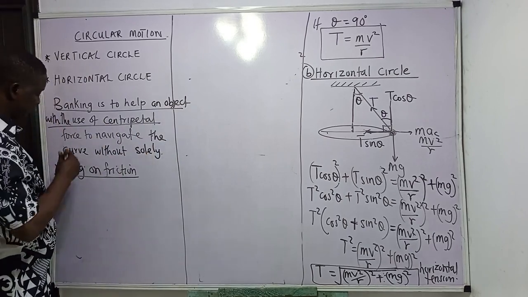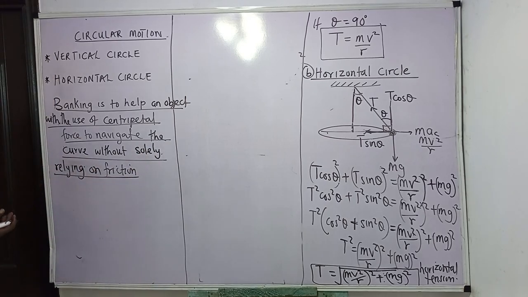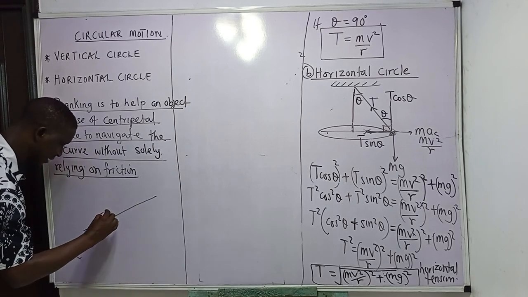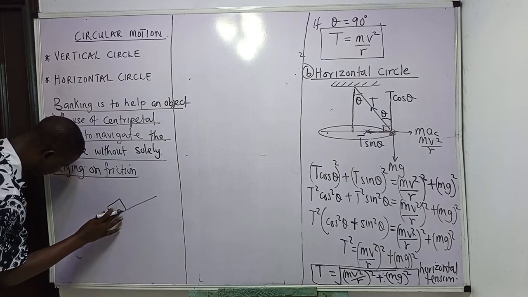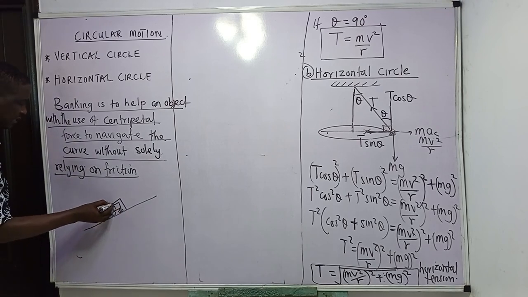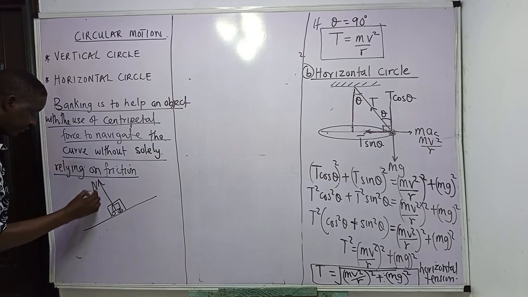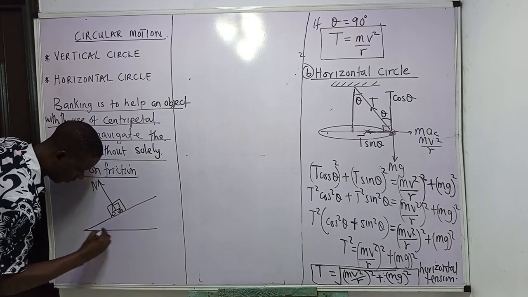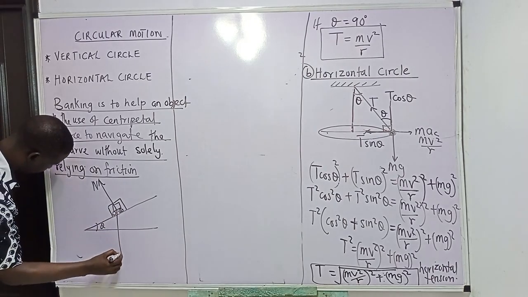So now, if we want to navigate the curve without solely relying on friction, let's take an example. Let's say this is a car. There is a normal reaction here, let's call it N. There is an angle at which it will bank.